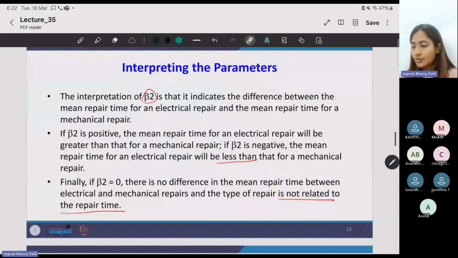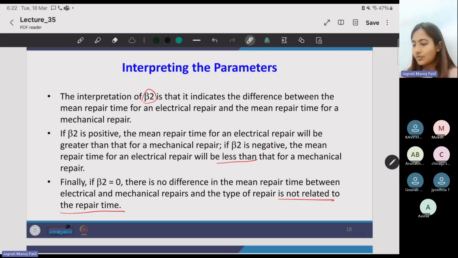So beta 2 is the repair difference. If it's positive, then the repair time for electrical would be greater than for mechanical, because here we started from the electrical repairs. And if it's negative, then for electrical it is less than that of the mechanical repairs.